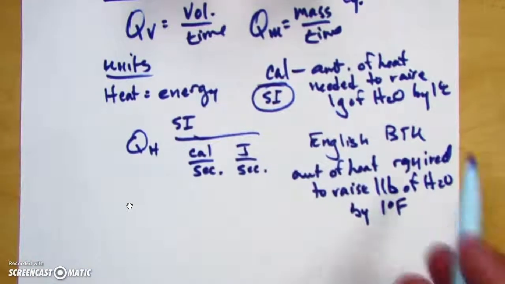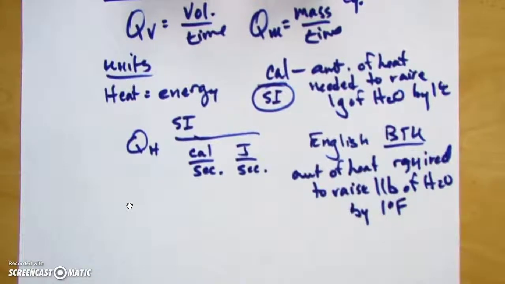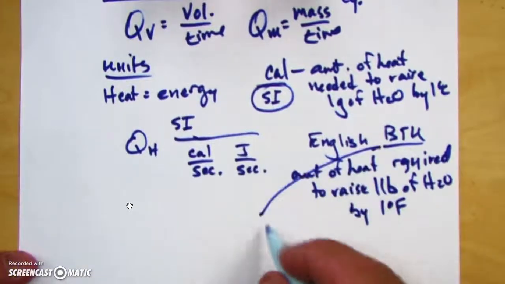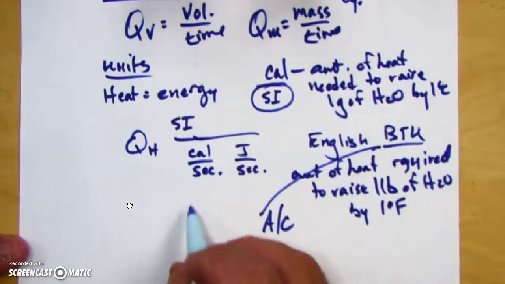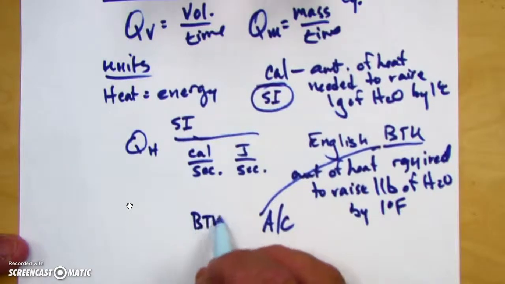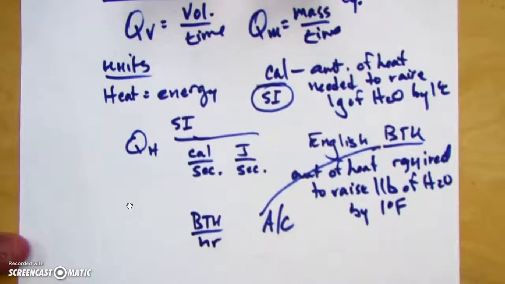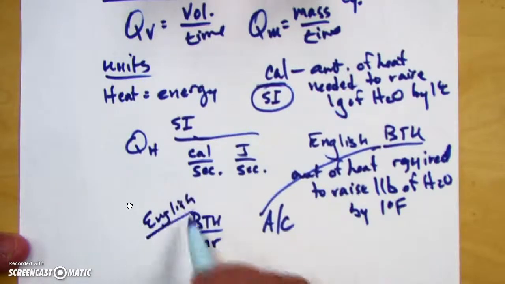So BTUs is a common thing. Most common place we see BTUs, air conditioners. They will tell you how many BTUs it will put out. What they're usually quoting is BTUs per hour. So that would be an English unit of this.